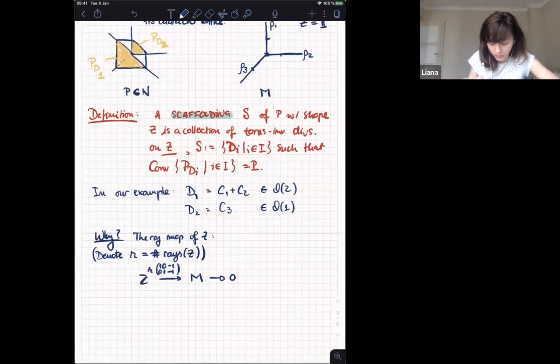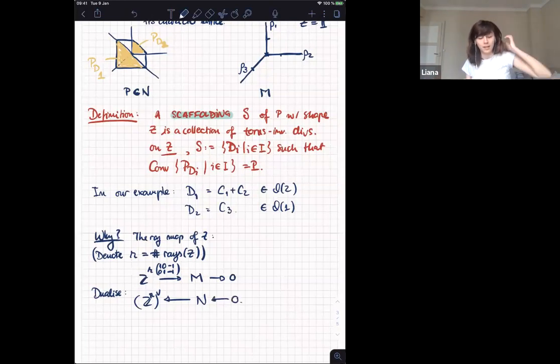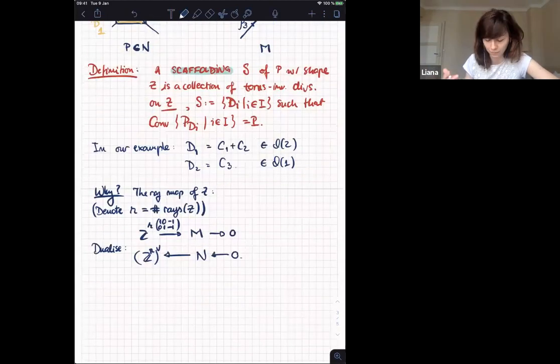Usually when you want to build Z as a GIT quotient, this is a part of a short exact sequence which we usually dualize. And so you get Z to the R dual, whatever that is. Every arrow changes direction. You get the dual of M, which is N. And then you get that N injects into this other lattice, which is of larger dimension.